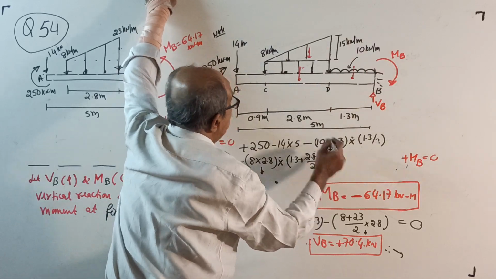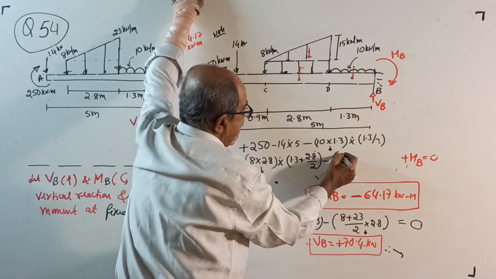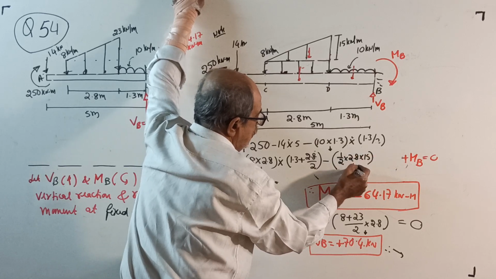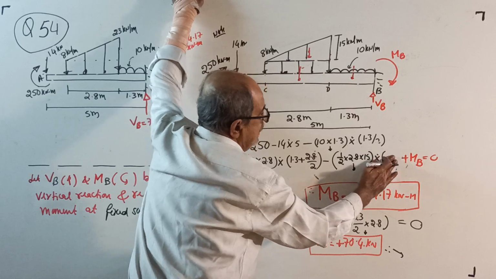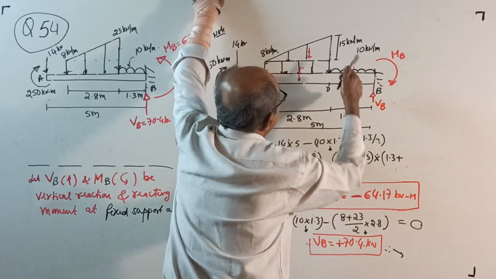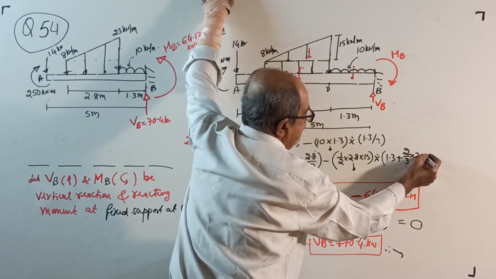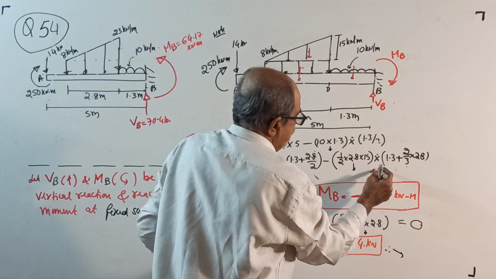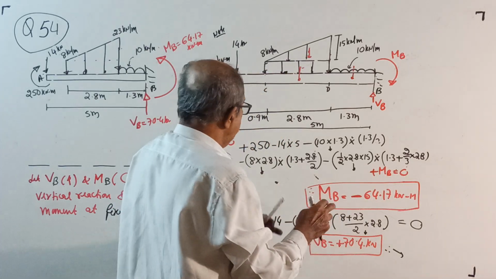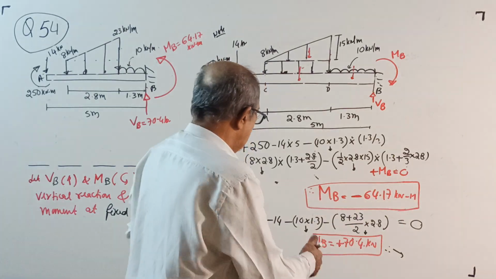Now we are considering the UVL represented by a triangle, so half into 2.8 into 15 is the total load, multiplied by moment about B: 1.3 plus 2 by 3 of 2.8. Lastly, plus MB equal to 0. Calculate. I will calculate as it is. Yes, correct: minus 64.17.